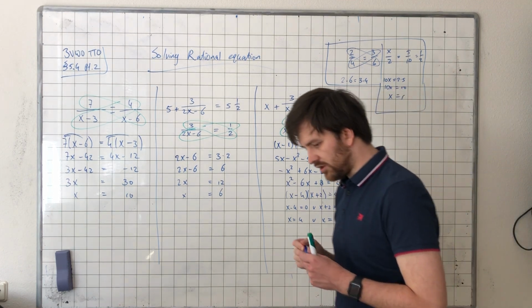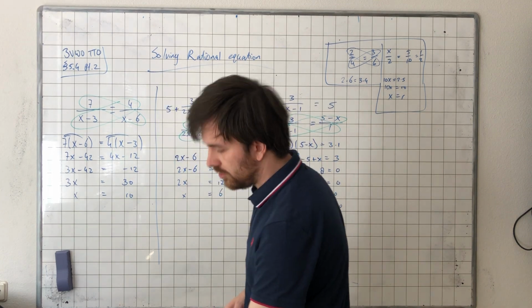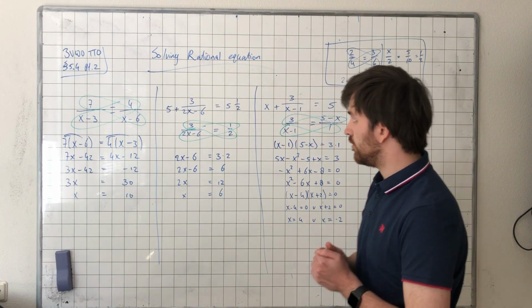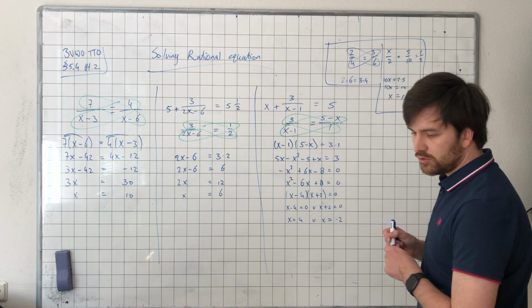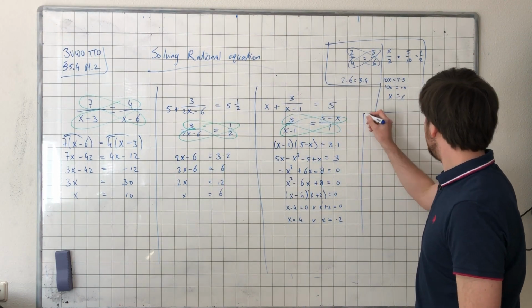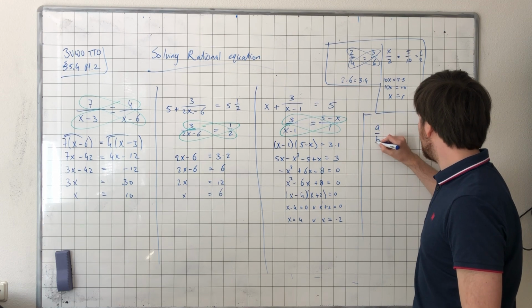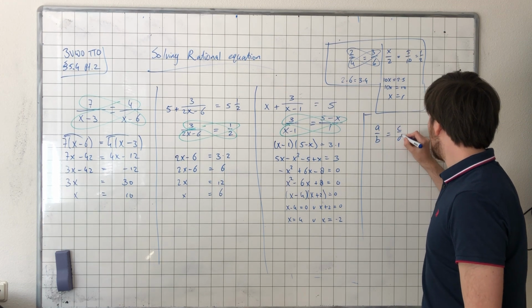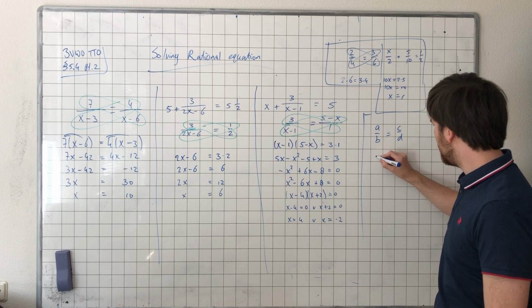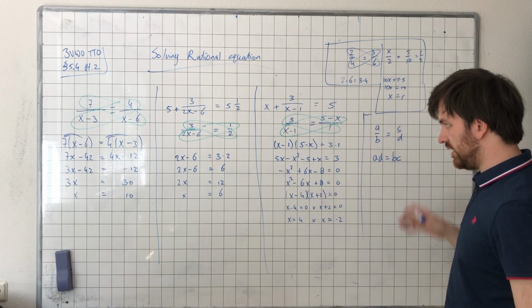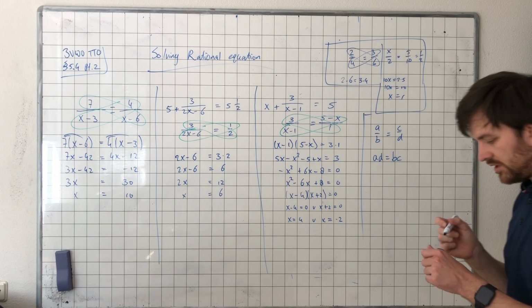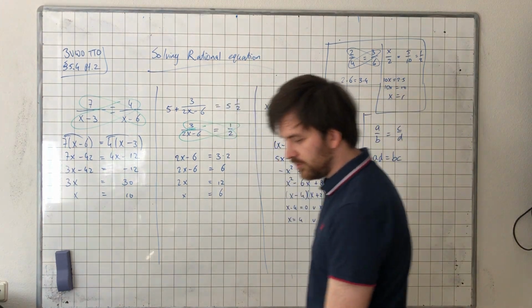Hopefully these examples help you understand how you can solve rational equations. In the textbook they used this formula, a over b. When a over b is equal to c over d, then ad is equal to bc. But that's basically what we already did the entire time. So keep this in mind, and hopefully you are able to do this. Good luck!